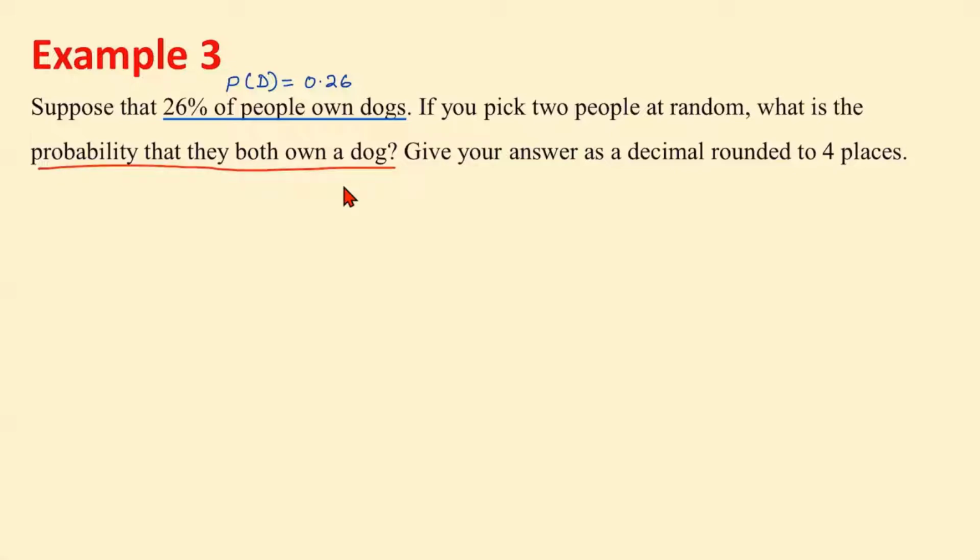The meaning of that is we want to find the probability that the first person has a dog and also the second person has a dog.